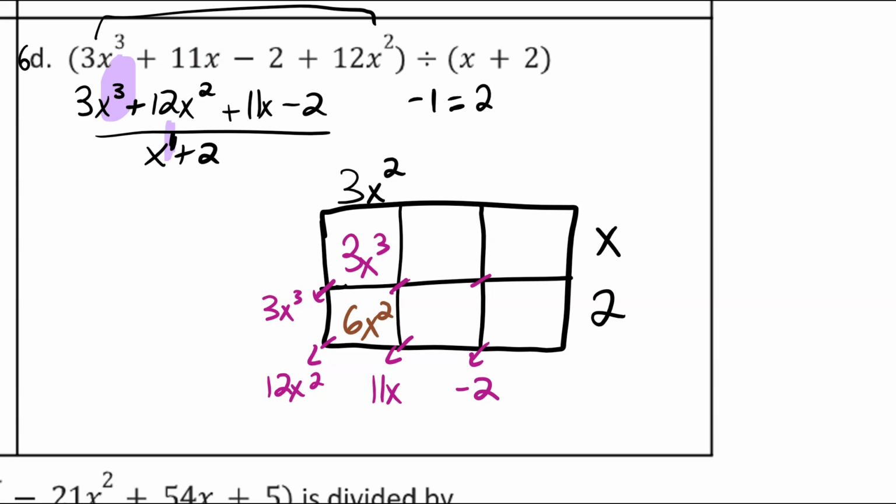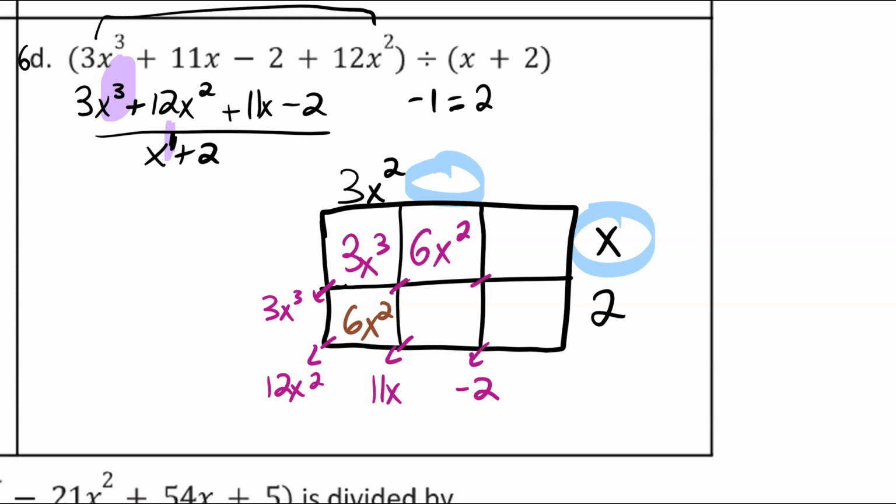Now, the next part of this is I can look at this diagonal. That's where all of my x squared terms are going to be. Altogether, I want them to sum to 12x squared, but I already have 6x squared accounted for. So to make them sum to 12, I would need another 6x squared there. Then, I can ask myself a similar question as before.